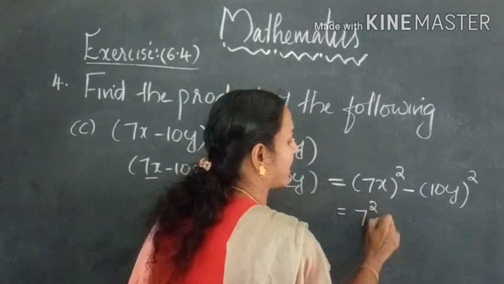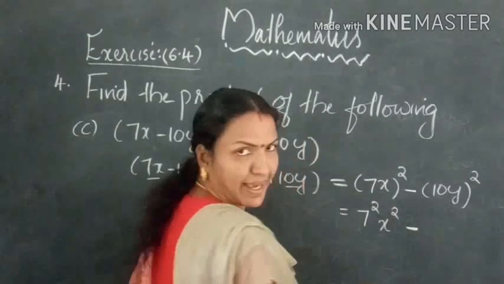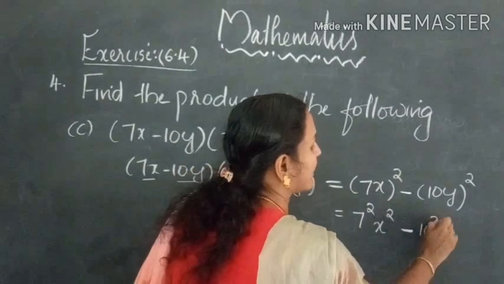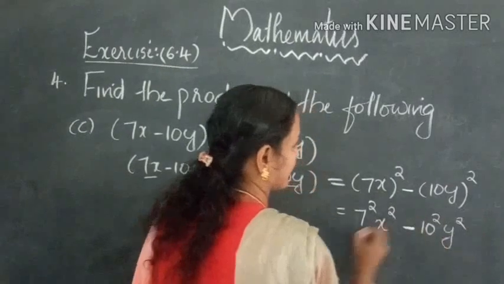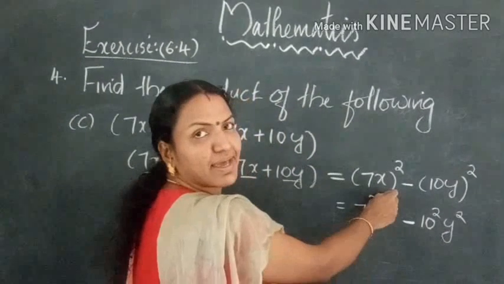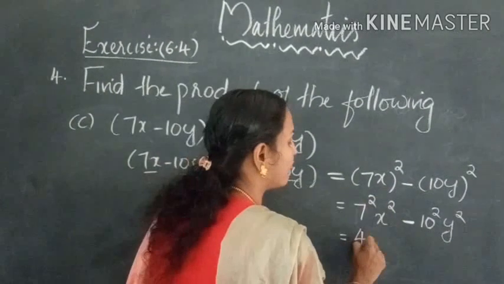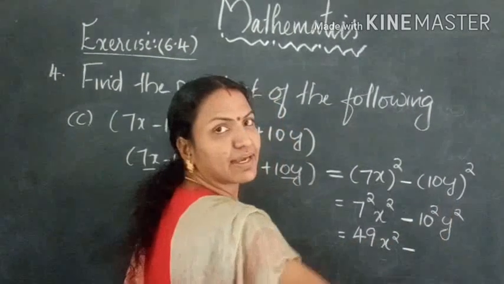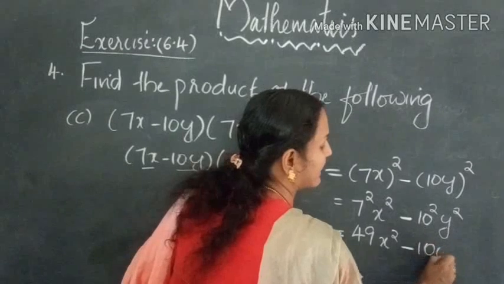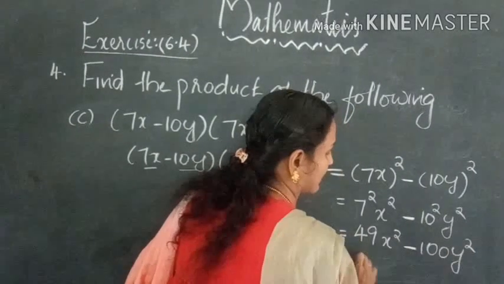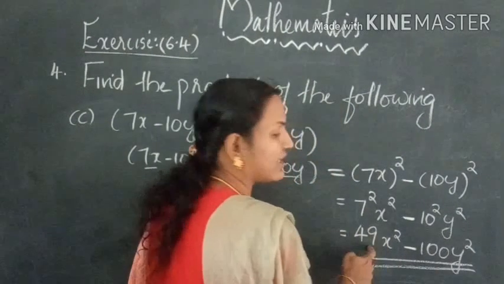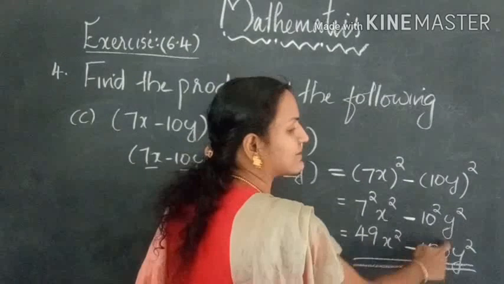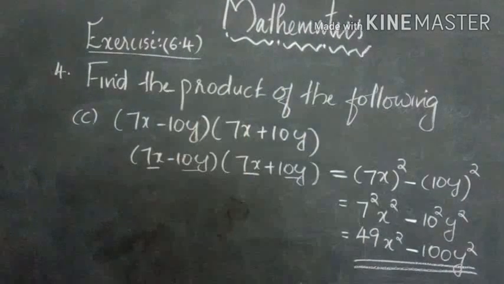So 7 square x square minus 10 square y square is equal to 7 square, 7 into 7, 49 x square, minus 10 square, 10 into 10, 100 y square. So the answer is 49x square minus 100y square.